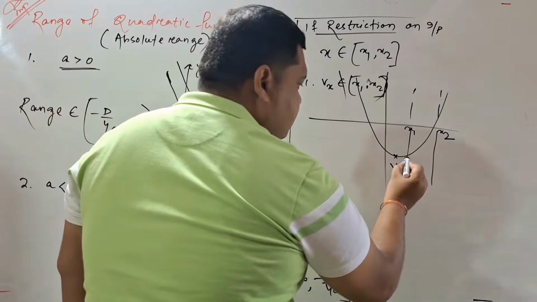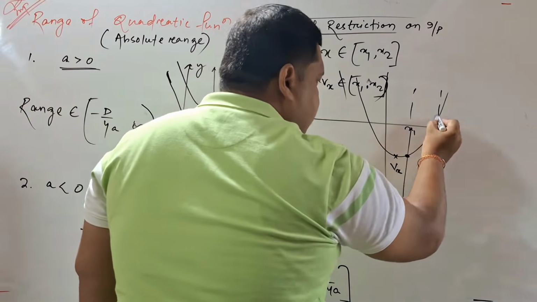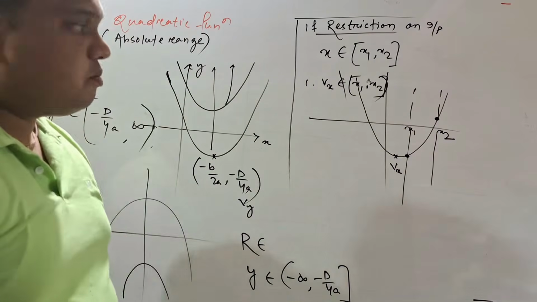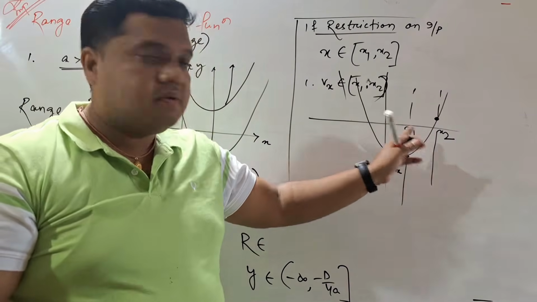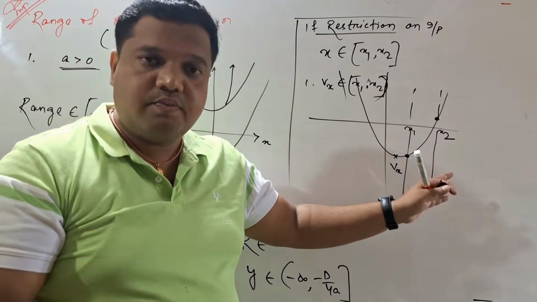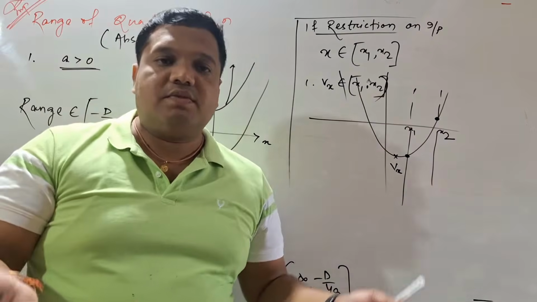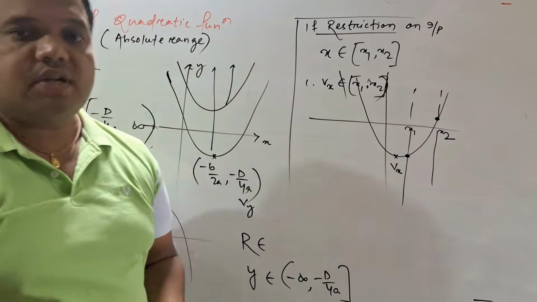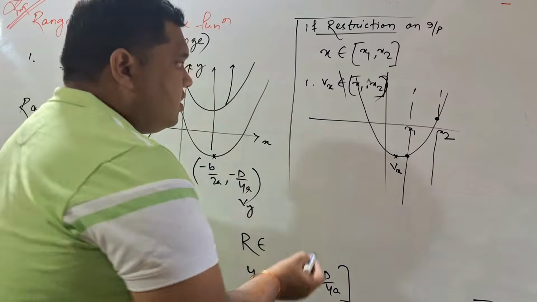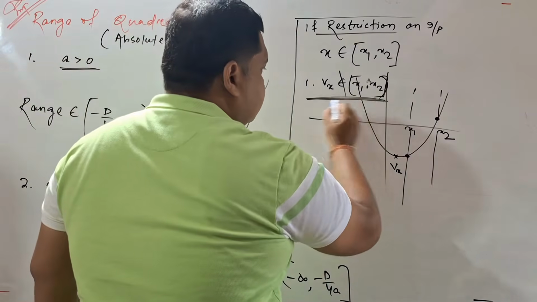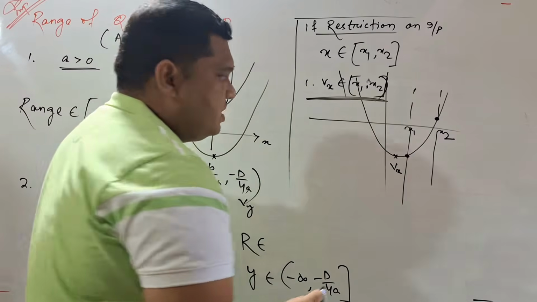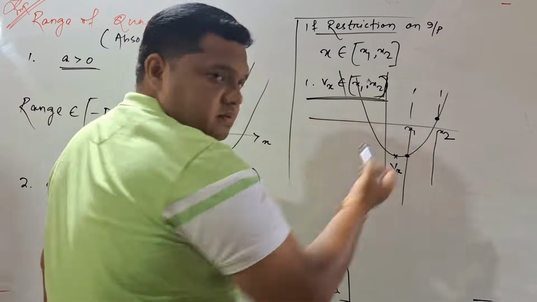These two points will decide. Find the value of y at x1, find the value of y at x2. Whichever is bigger, that will be the maximum value. Whichever is smaller, that is the minimum value. This is when the vertex does not belong to x1 and x2, meaning the vertex is outside this range.